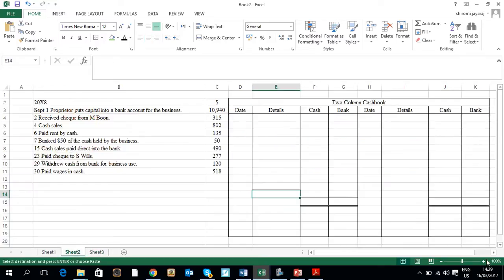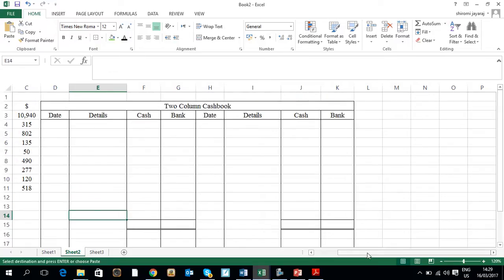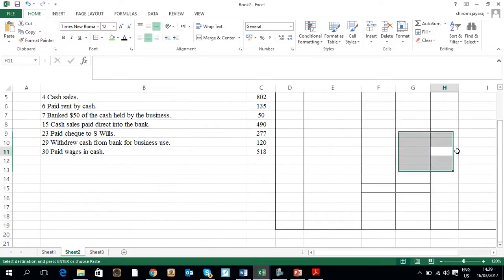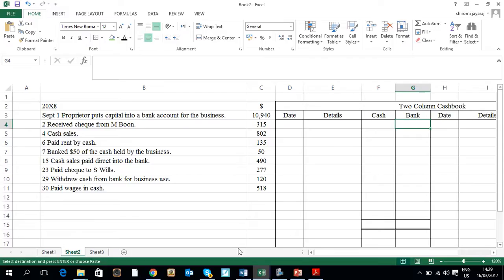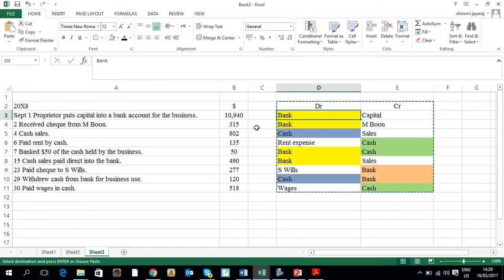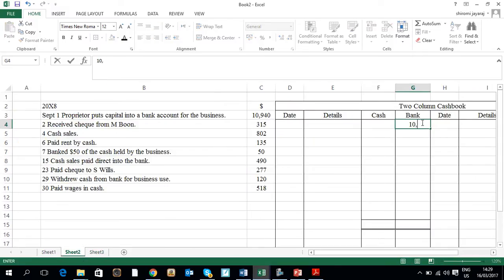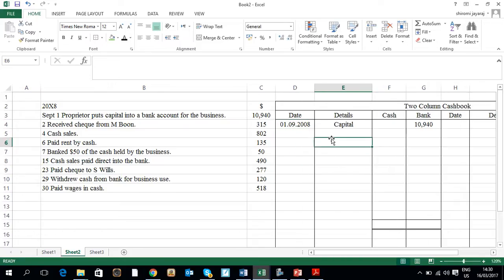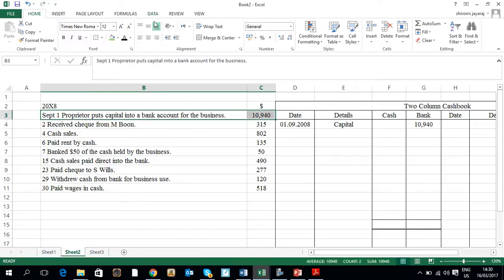Go to your cash book and this is your debit side, and go under bank and you write 10,940 on the debit side as capital opposite account's name, and it is on 1st September 2008. Now we are done with the first transaction.